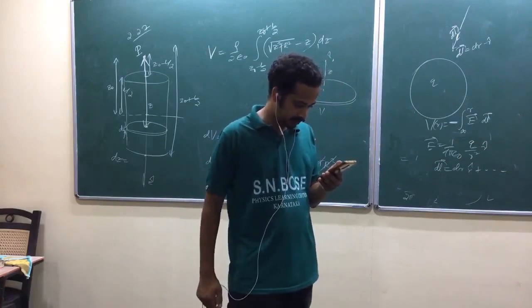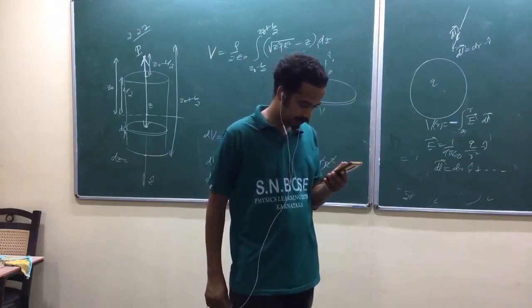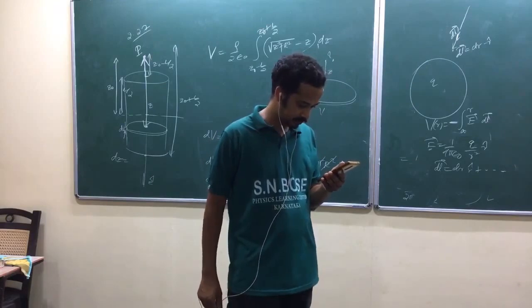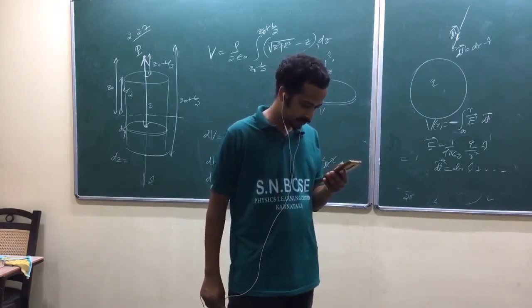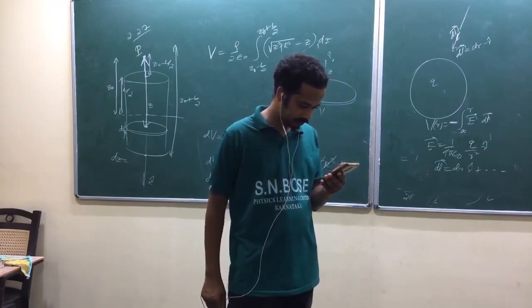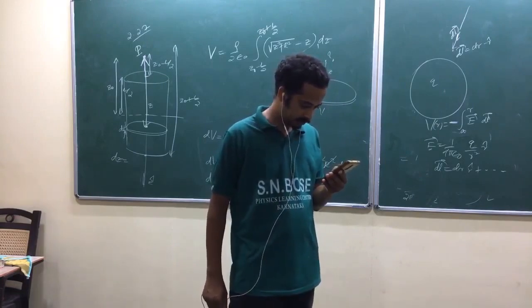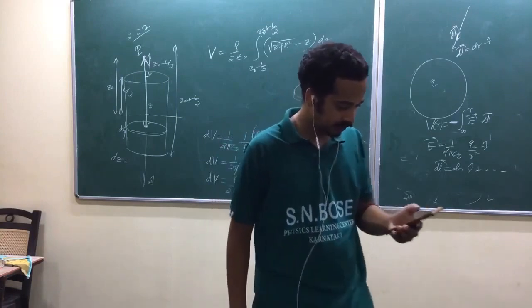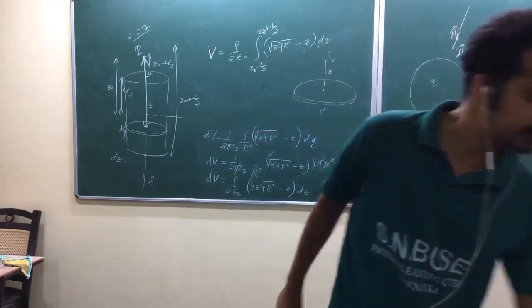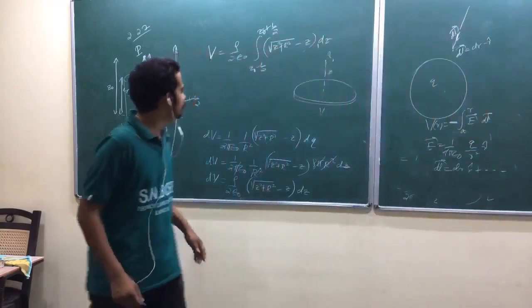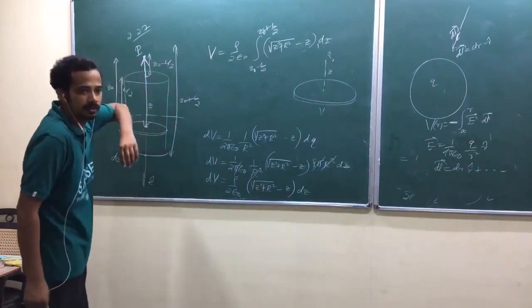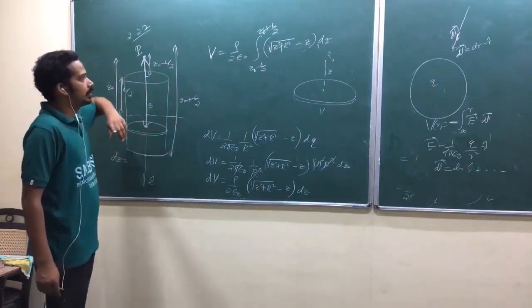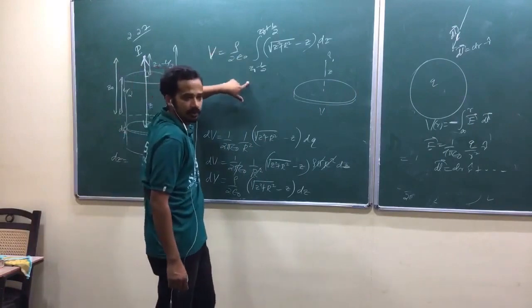That may include the space between the point and the upper surface of the cylinder. Why not? This is the first limit.